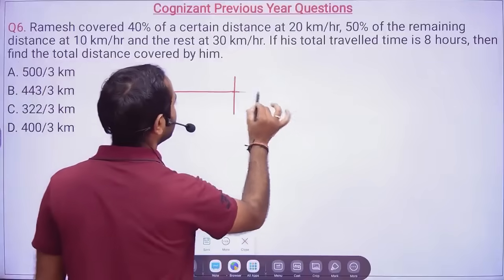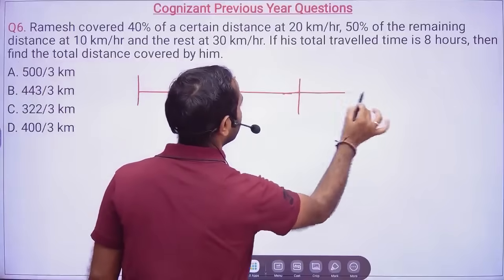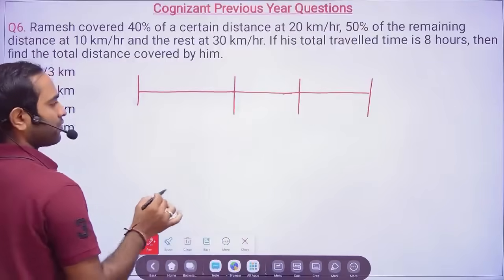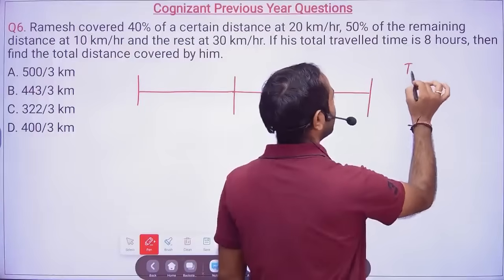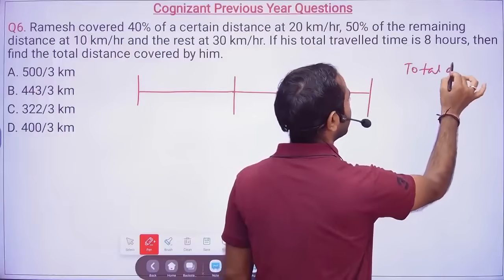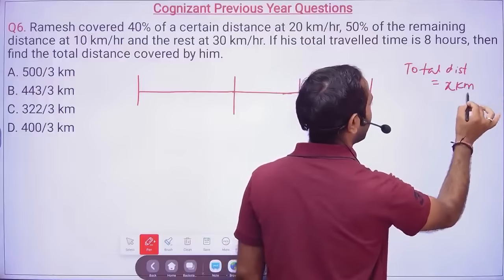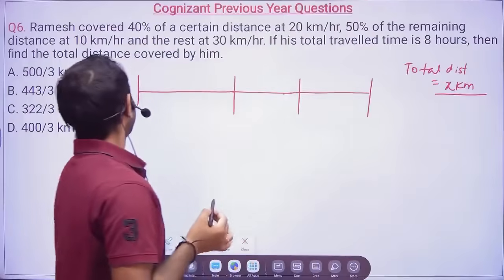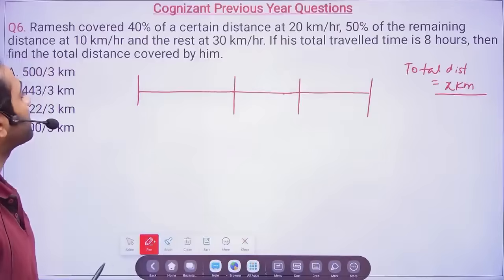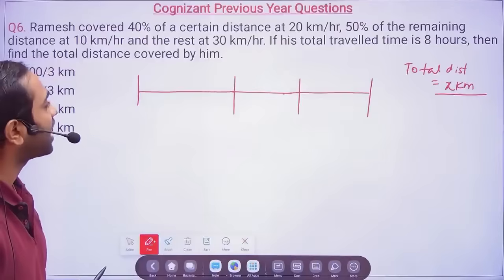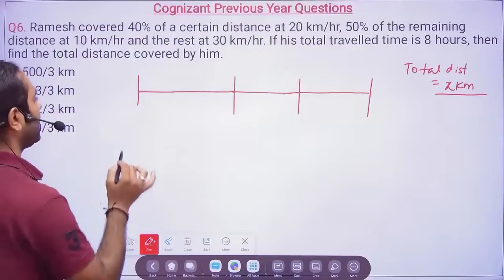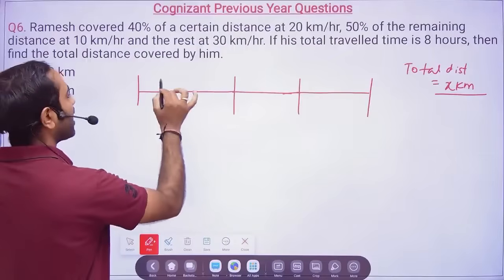So suppose the total distance is x kilometers. Ramesh is covering 40% of the distance at 20 km per hour. So 40% of x will be what?